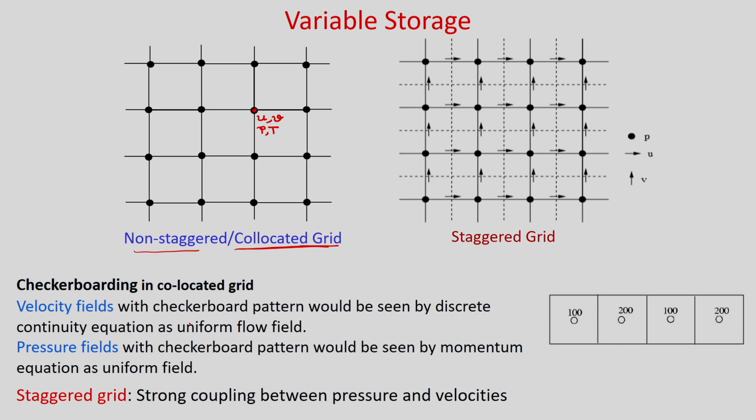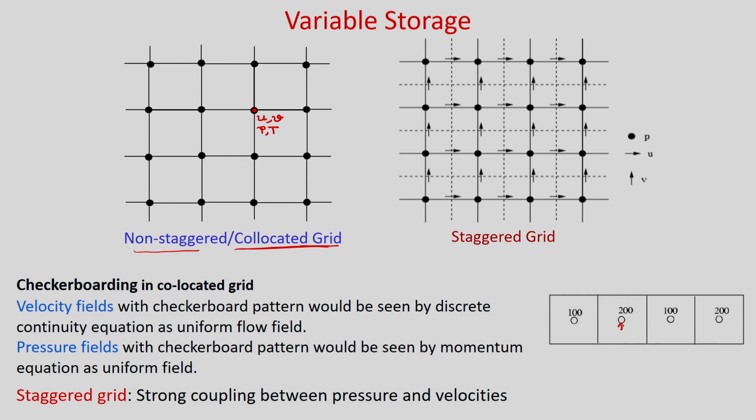Let us say this is the pressure distribution. You have discrete points, and at the discrete points you have the pressure distribution 100, 200, 100 and 200. For some physical situation it may arise that your pressure is varying like this. Now, at this point if you want to find the pressure gradient using a collocated grid for the Navier-Stokes equation, you will find del P by del x.